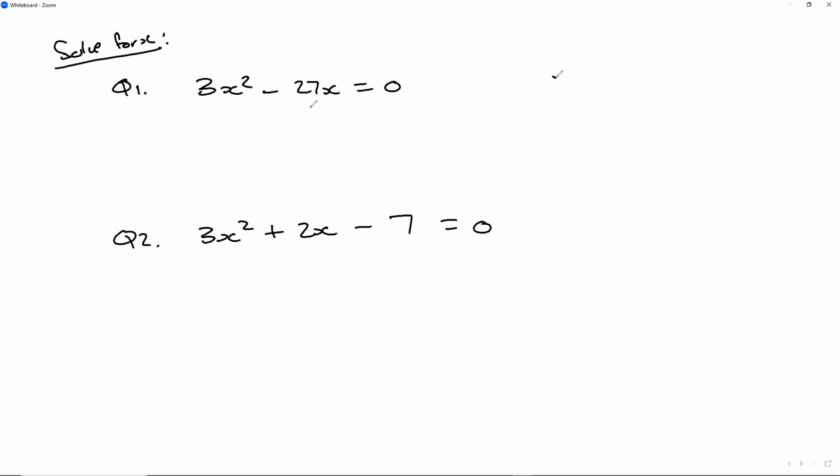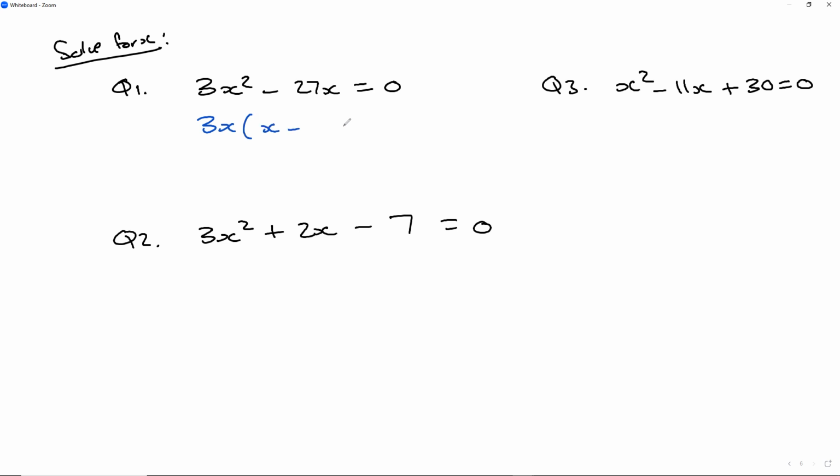Okay, I'll just put question 3 as well. Maybe you can do x squared minus 11x plus 30 equals 0. Okay, let's go through these now. The first one over here, we're going to take out a common factor of 3x.